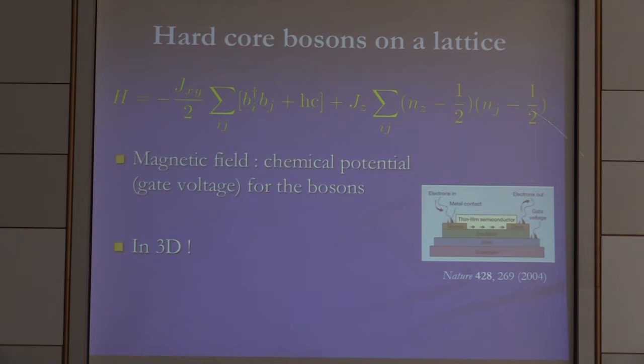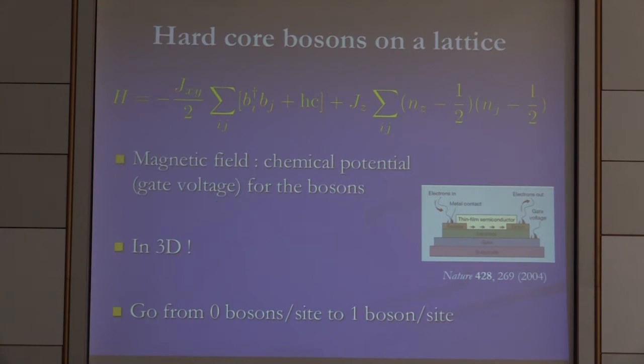We are very far from the 10% that people try desperately to realize with real particles by using gate voltage, and which is in addition restricted to 2D. So here, by twisting the problem and making it in another physical system, you see that we can really get a serious control on the physical property of the problem and go from an empty band of bosons to a filled band of bosons.